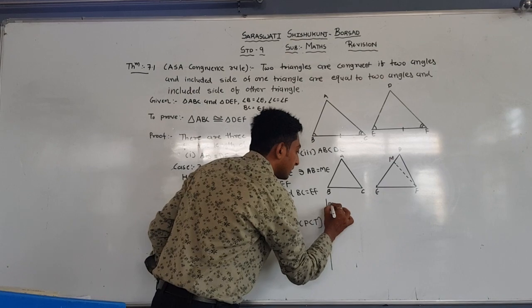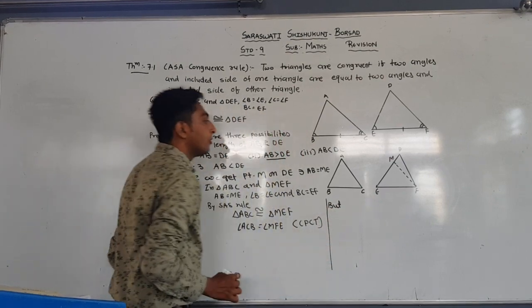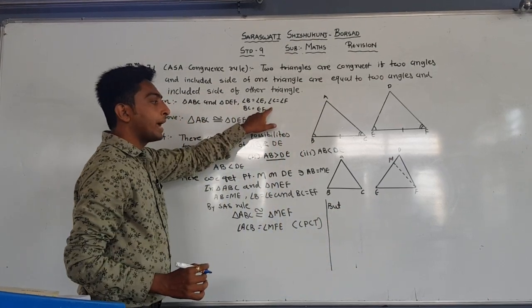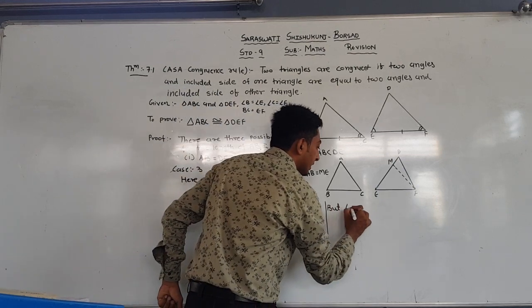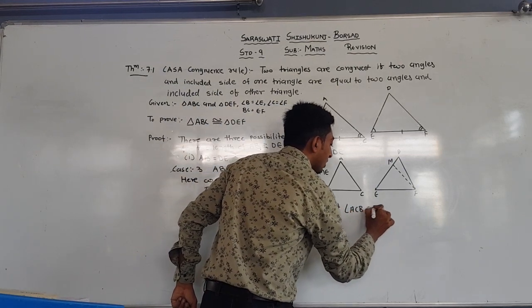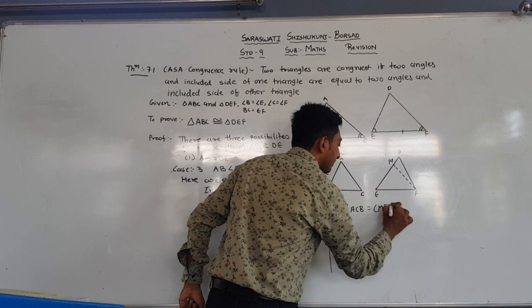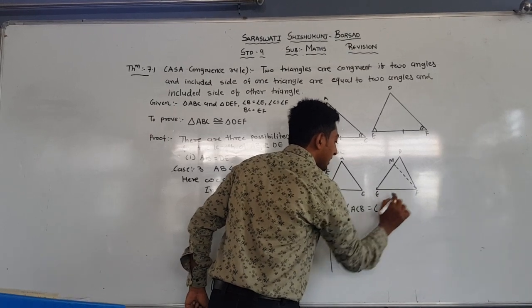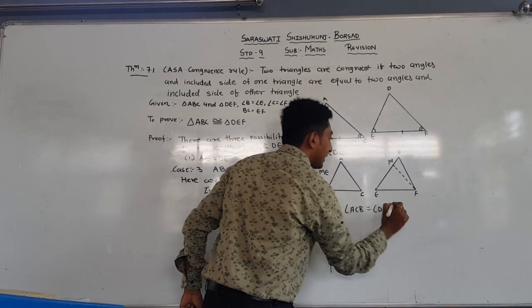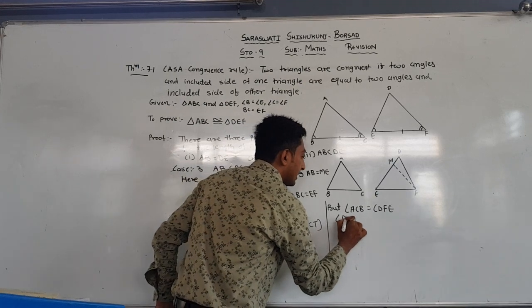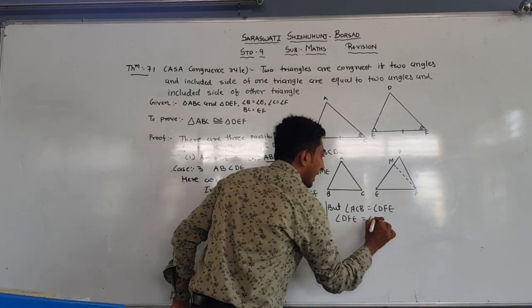But we are given that angle C equal to angle F. So I know that ACB equals angle DFE. So I have to write DFE equal to angle MFE.